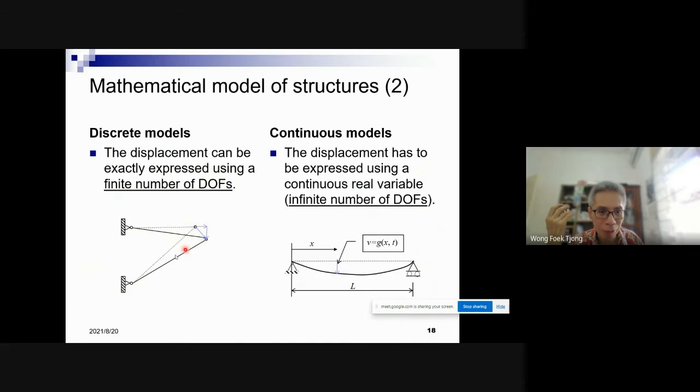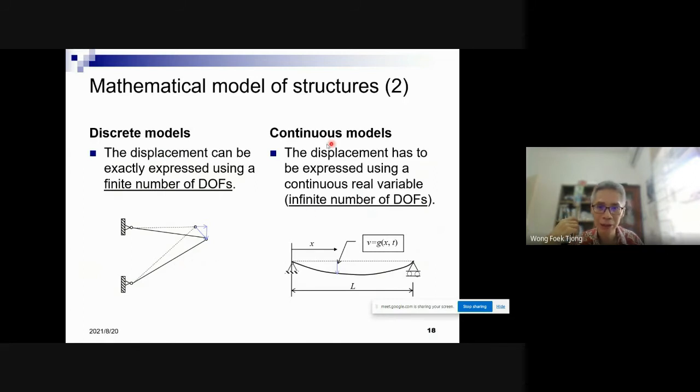The configuration of the deformed truss can be exactly expressed in terms of this vector, right? If we specify this vector, we know this configuration. The vector consists of two components, horizontal and vertical displacement. So we say that this truss has 2 degrees of freedom. Degrees of freedom is the number of independent parameters needed to express the configuration of the structure. This is called a discrete model.